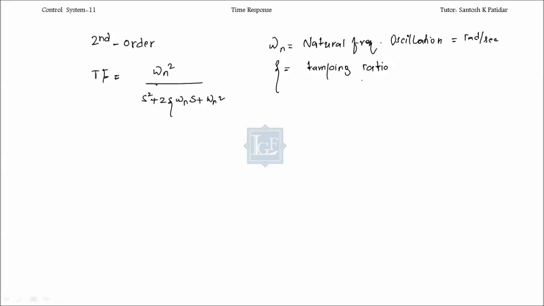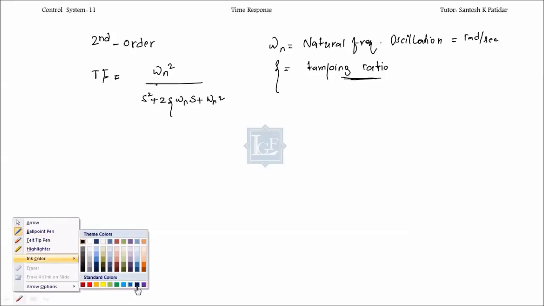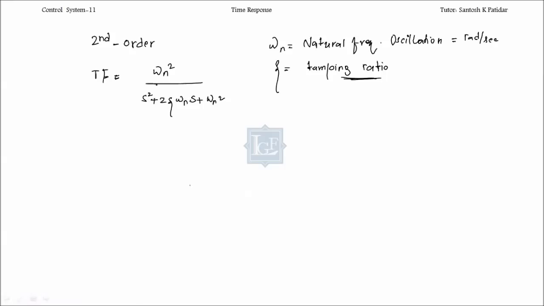So this zeta is the damping ratio. Perfectly fine. Omega n is the natural frequency of oscillation. Okay, now what is the point? The point is, we have seen if you have the second order system, in the last video lecture only we have seen, if you are applying some input to it, you are getting some output from it.